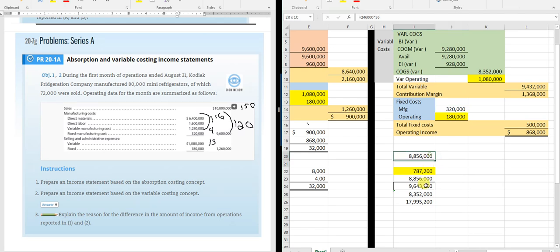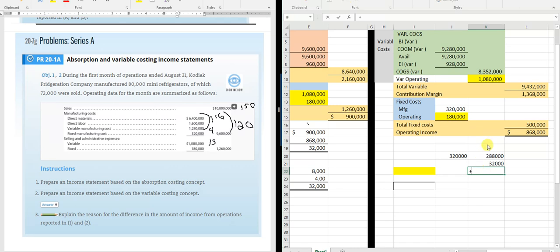And so if you think about it, my fixed manufacturing cost is $320,000. If I want to split it into 2, that's 72,000 units times 4, and that is 8,000 units times 4, because I have a total of 8,000.